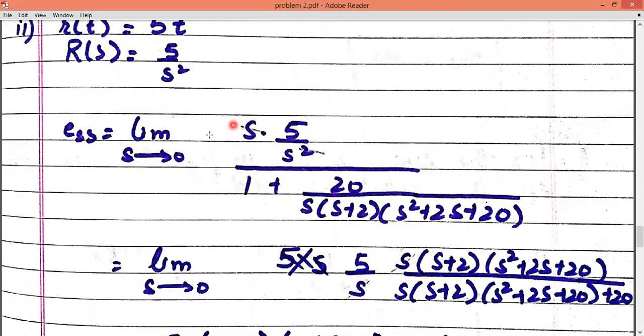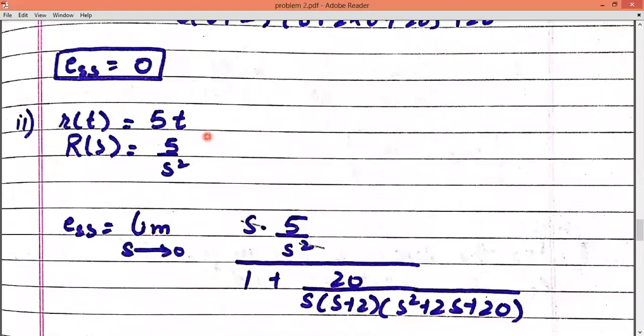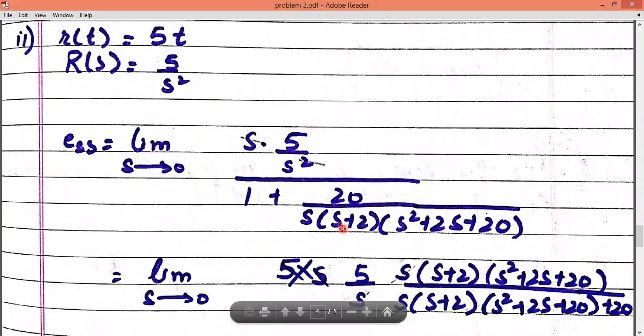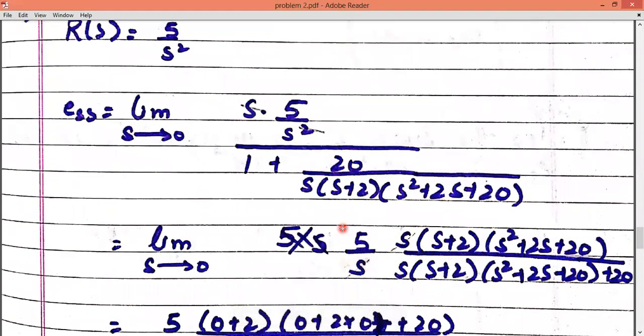So for the steady state error, we again write the formula here. Again we have to find the steady state error, and we write everything: R of s here, and G of s into H of s. First we need to simplify this portion, as I told you earlier. We take the LCM of this, multiply the denominator part, and shift here.